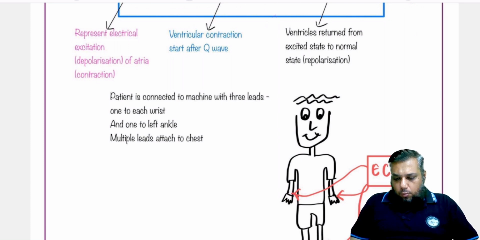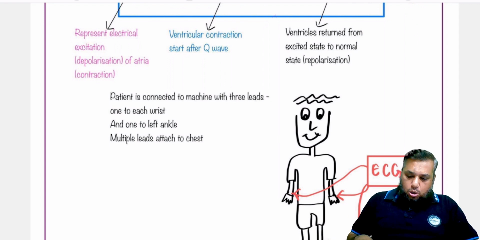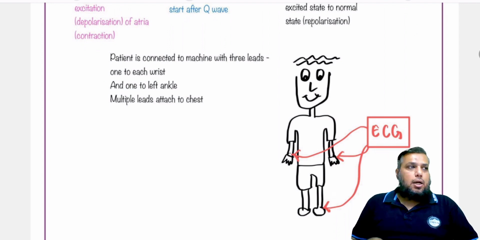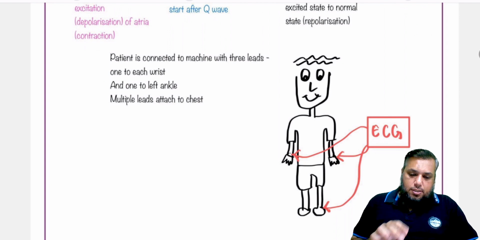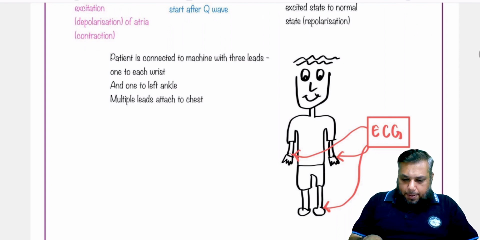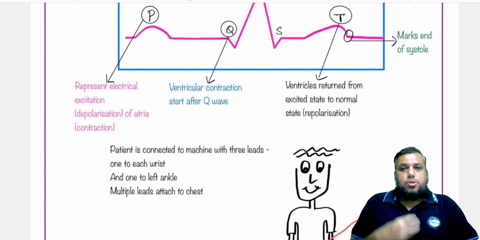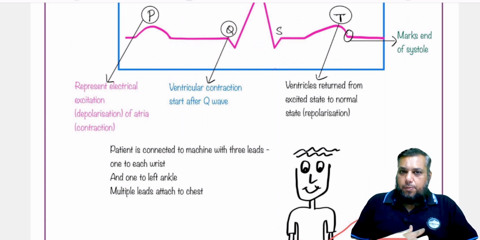So the quick synopsis would include that the electrodes, which are called the leads, are attached to your right and the left wrist and your left ankle. That is in the case of a standard ECG. Okay. And if you want a more detailed investigation, you can also use leads on the chest of the patient.